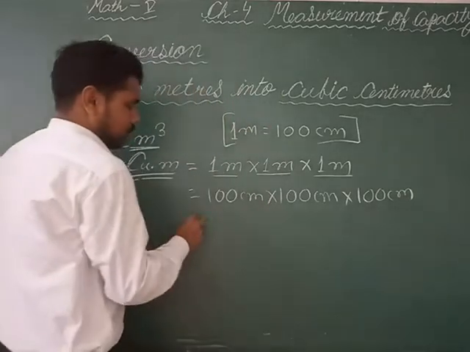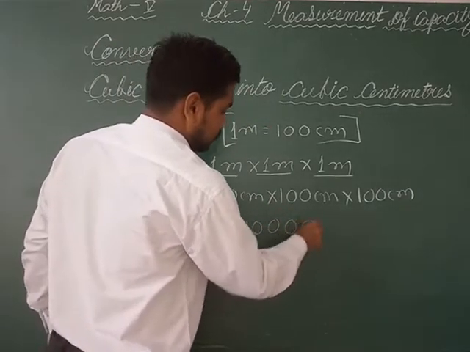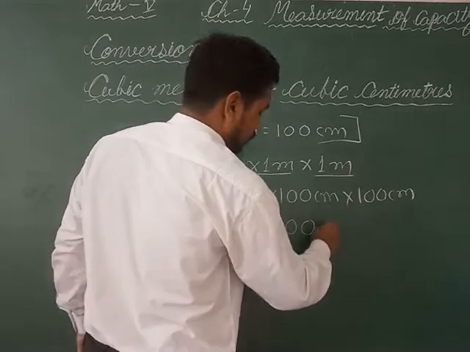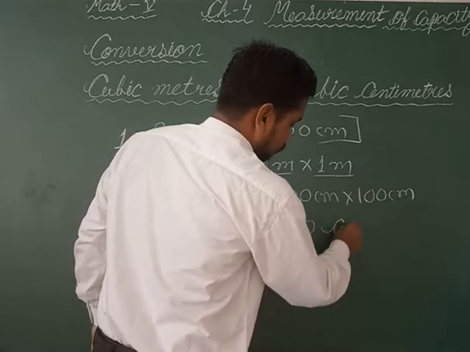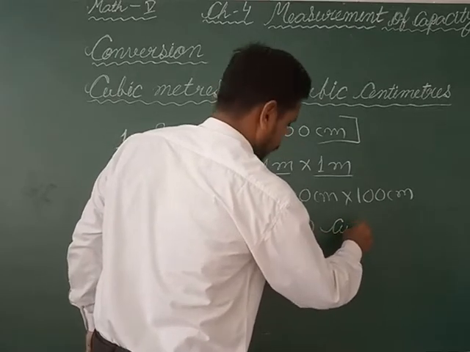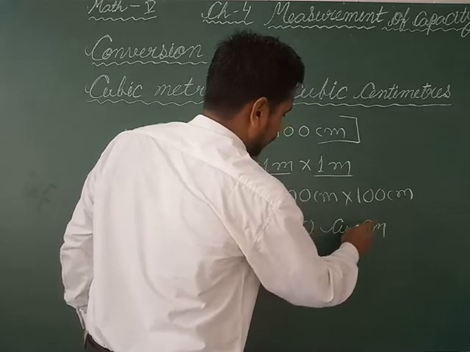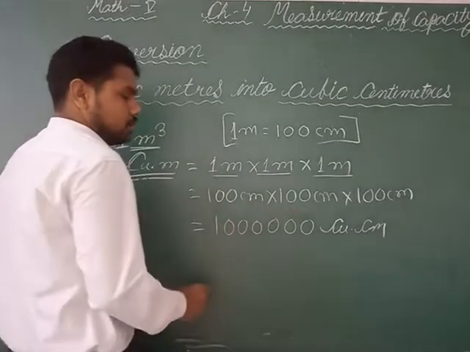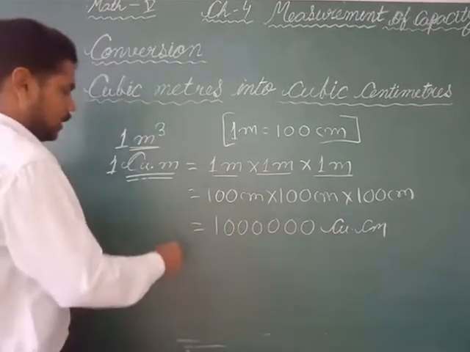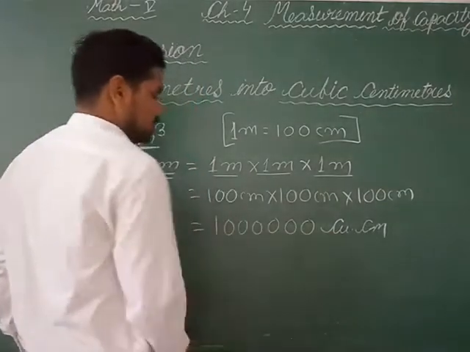So it will be 1 followed by 6 zeros of cubic centimeter. This is how you can convert cubic meter into cubic centimeter. Therefore we can write 1 cubic meter is equal to this much cubic centimeter. How much?